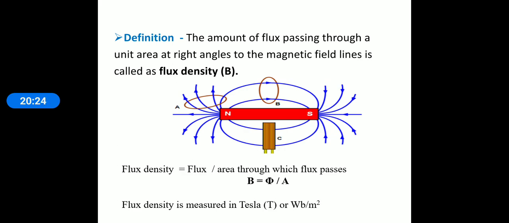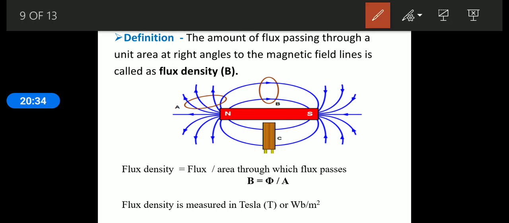That is, the flux density is given as flux divided by the area through which the flux passes. Mathematically, B equals phi by A. Phi is the magnetic flux and A is the area, and the unit of area is meter square. So the unit of magnetic flux density is also Weber per meter square. Flux is measured in Weber and area is measured in meter square.